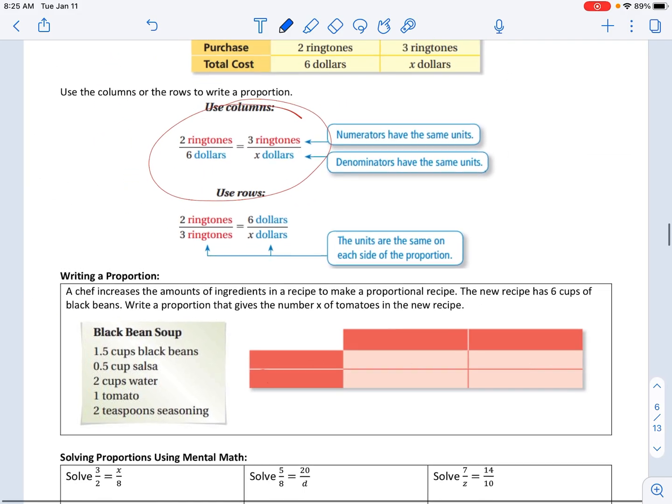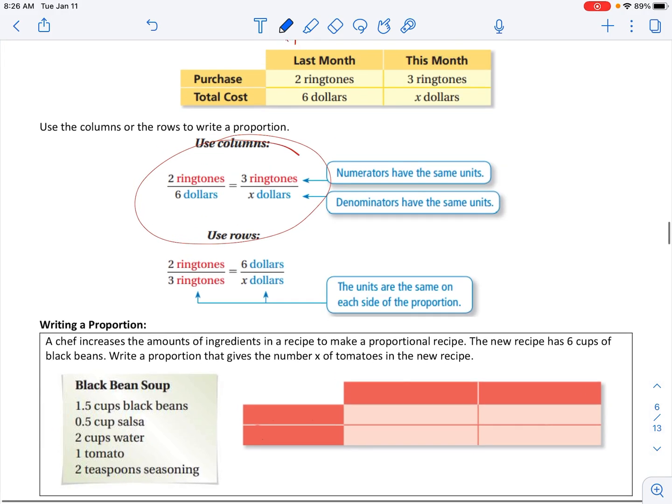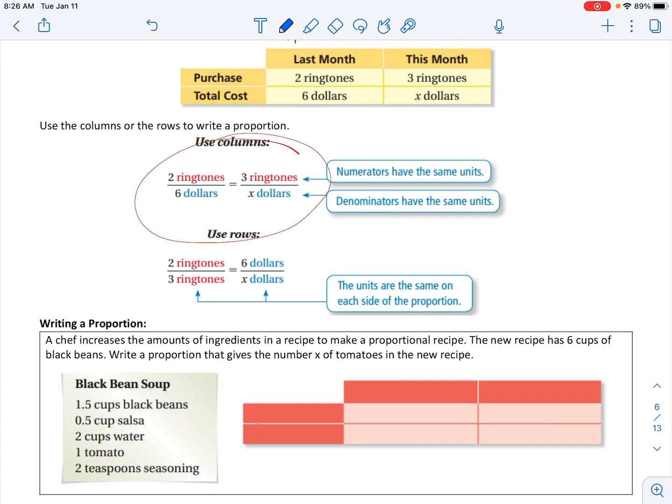Okay, so it will help to look up at the top example that we had, with last month, this month, purchase, and total cost. First thing you do is figure out your labels. Okay, so we are comparing the original recipe and a new recipe.